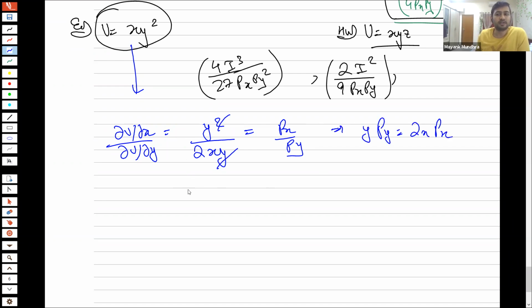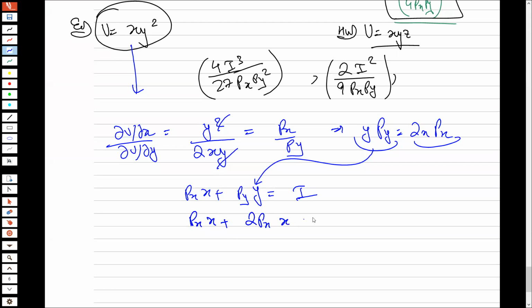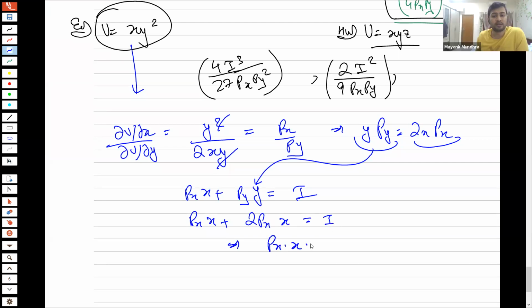The budget constraint is pxx plus pyy equals I. Now pyy equals 2xpx. So you can make that substitution here. So what you get is pxx plus 2pxx equals I, which implies that pxx equals I by 3.